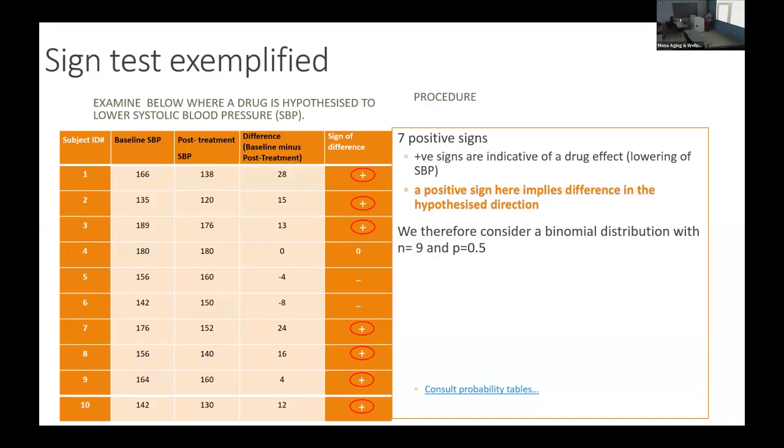So our sample size is small enough, it was just 10. So we can actually apply the binomial distribution. So for our binomial distribution, you have to make sure that you set up the table in a way that the positive side is the direction you want, whichever one you put first.